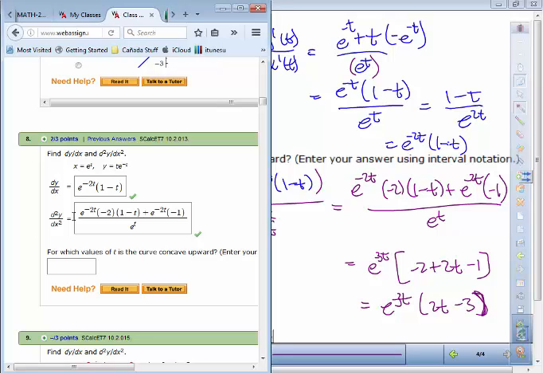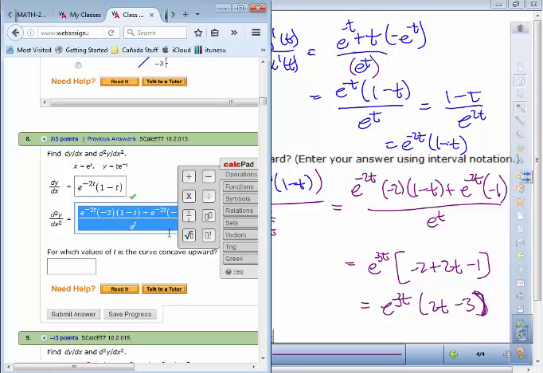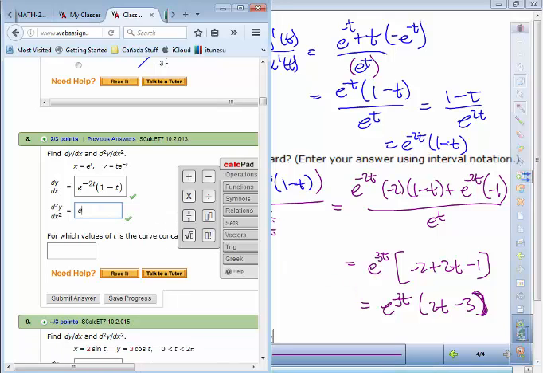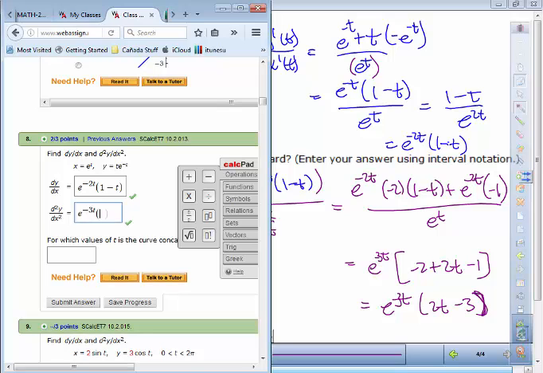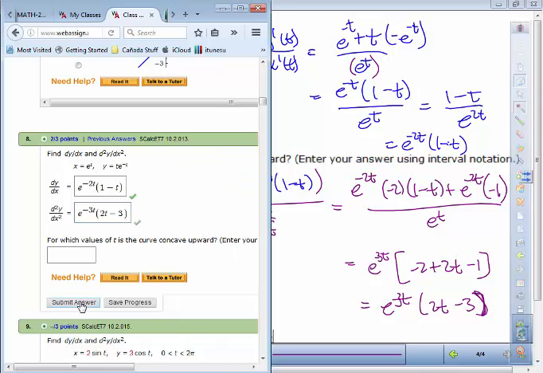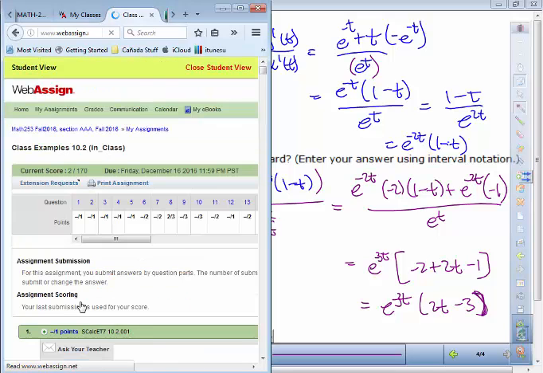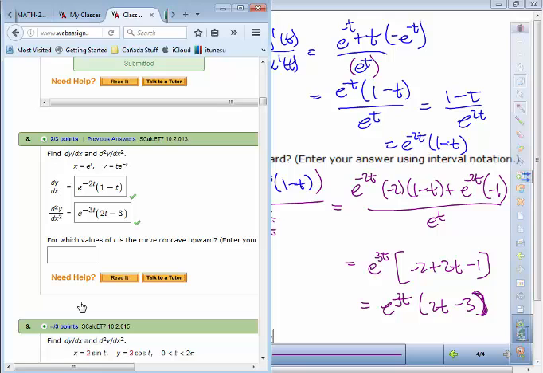So if we decide that's too long to write, I have it simplified here, so let's see, e to the negative 3t times 2t minus 3. Let's see if we did our simplification correctly and check our answer again. If we did, then we should get a correct mark on this also. So it looks like the program will take either answer, and it looks like it's correct.